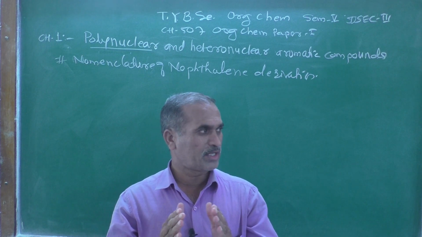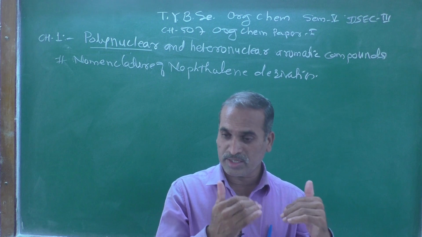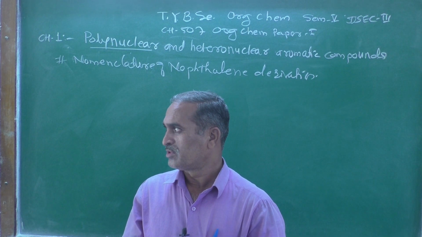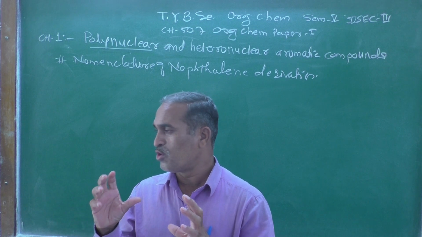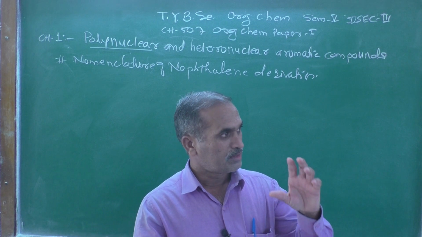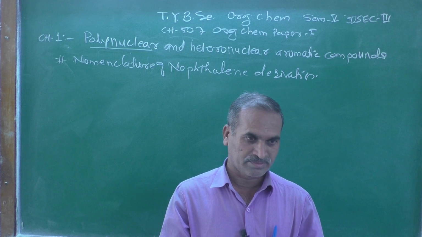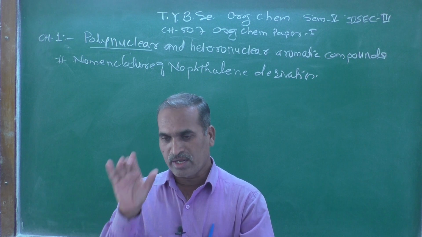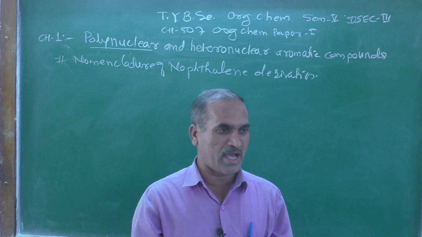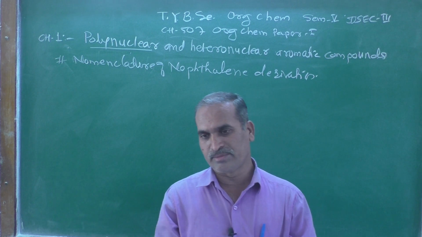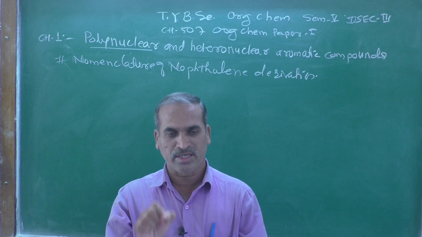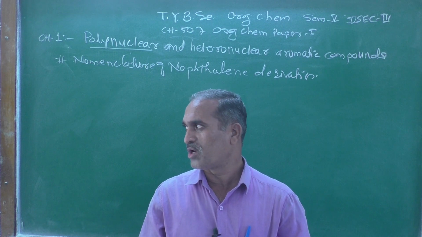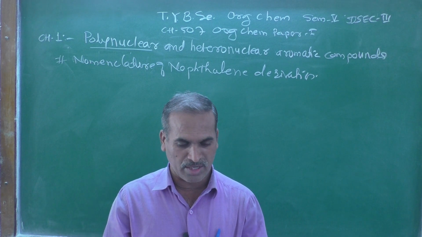The polynuclear aromatic compound, or homo-polycyclic compound. Homo means the ring is made by the same atom, generally here the carbon atom, and therefore we call it a polynuclear aromatic compound.